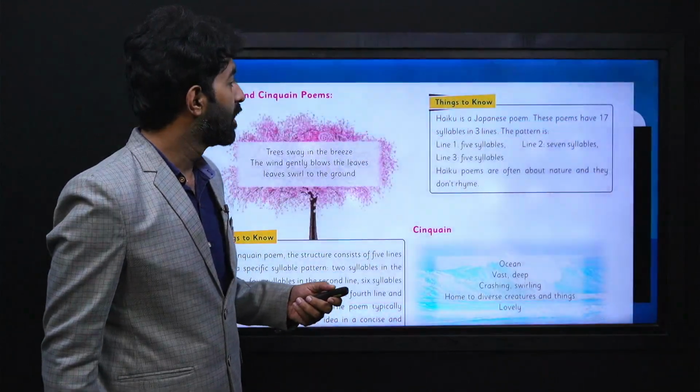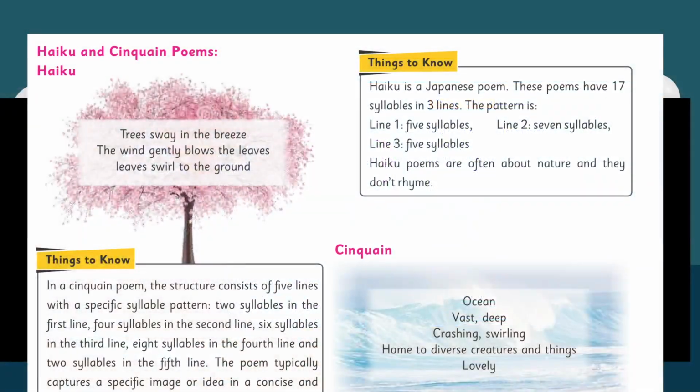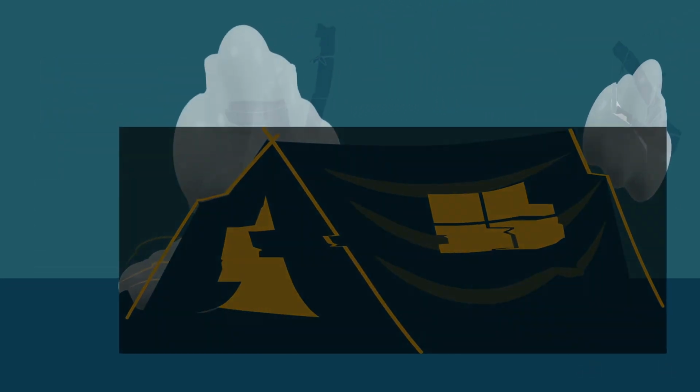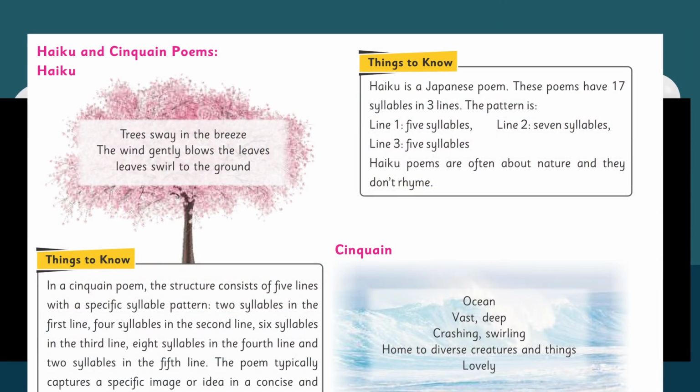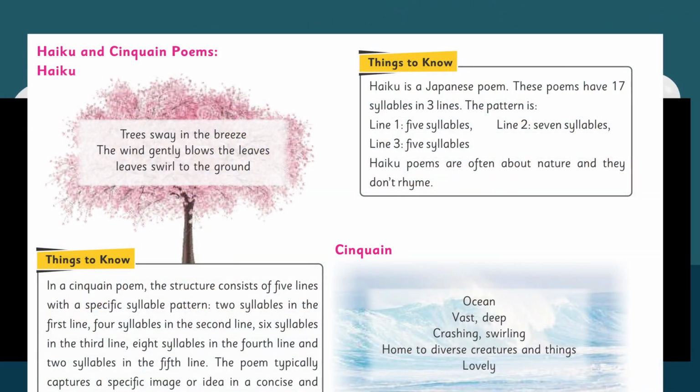Now, let's talk about two different kinds of poems, haiku and sinken. Now, let's talk about haiku. Haiku is a Japanese poem. These poems have 17 syllables in 3 lines.